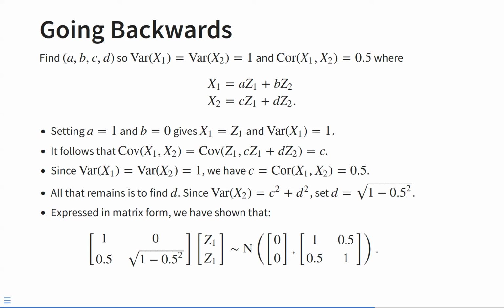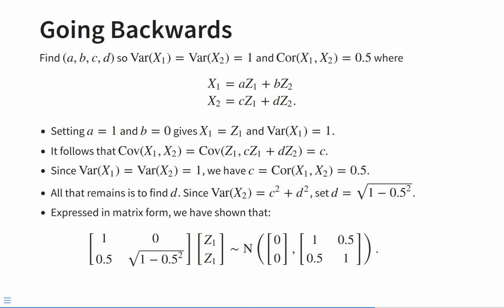So that allows us to sort of pin down c. We need to set c to be whatever we want the covariance between x1 and x2 to be. But in fact, in this case, we want x1 and x2 to both have variance 1. So if the covariance between x1 and x2 is c when each of them has variance 1, then that means that their correlation has to be equal to c.